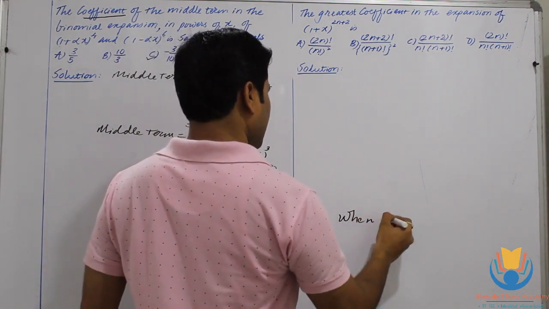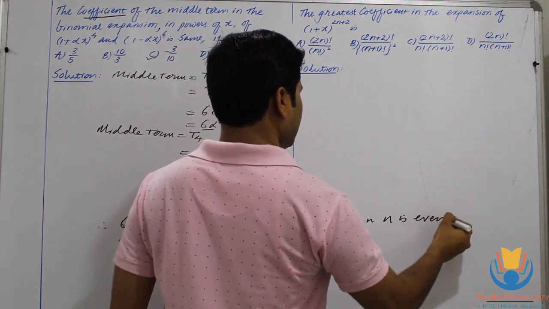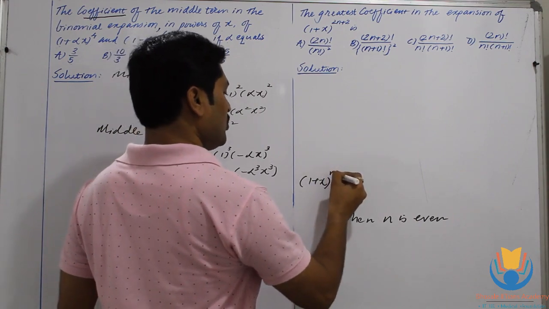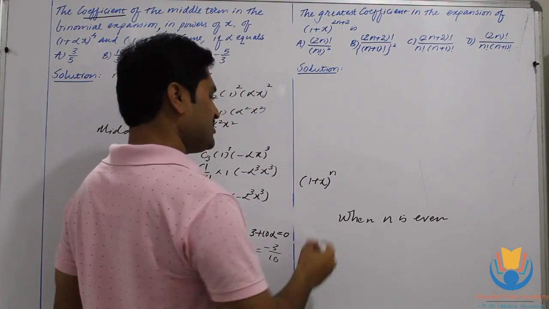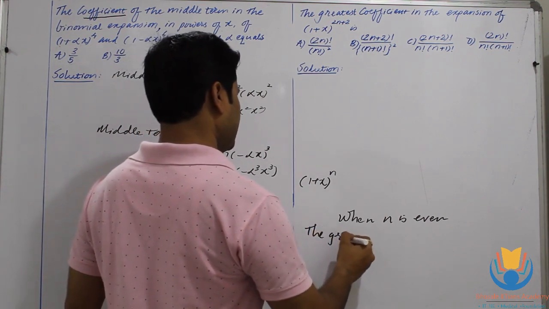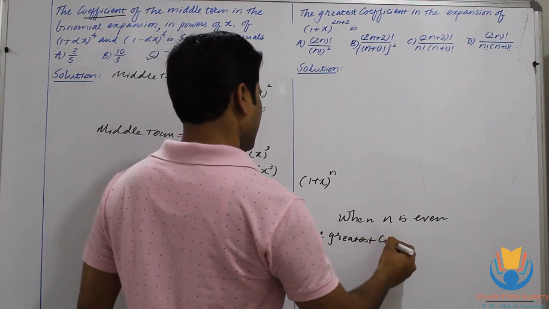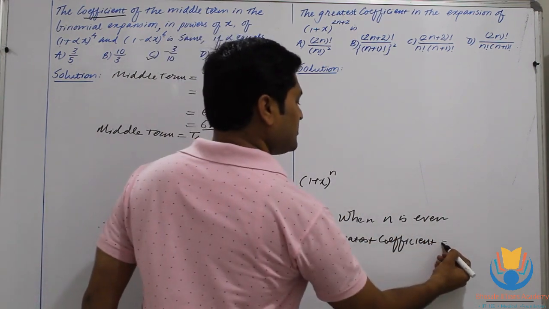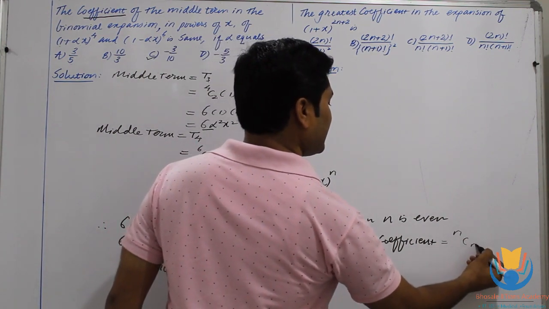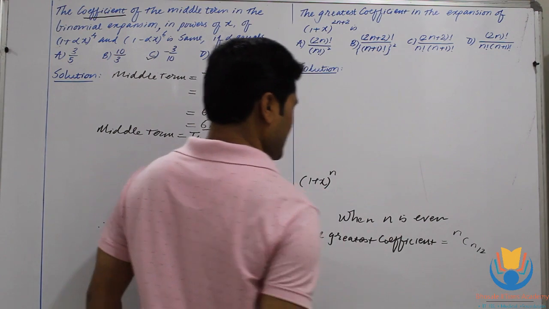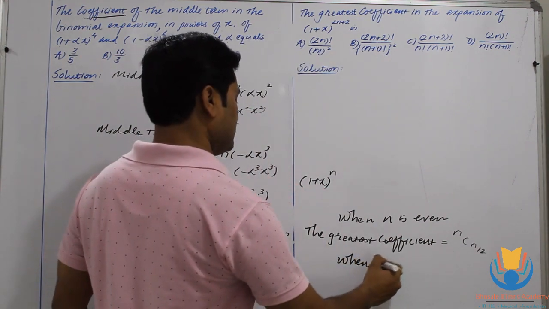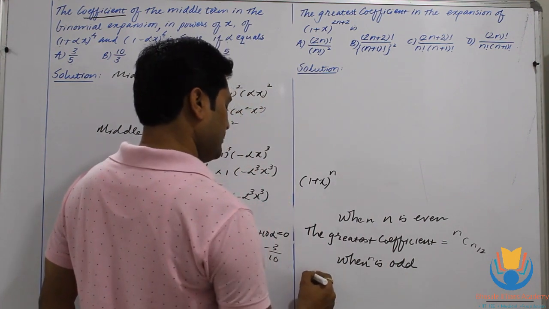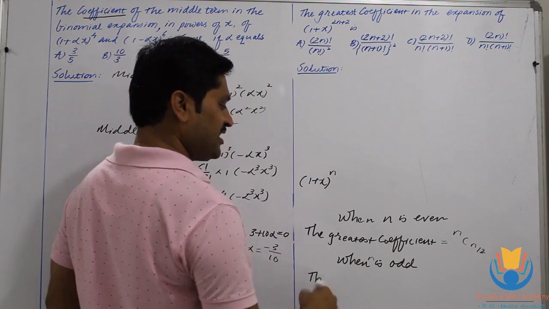When n is even, then the greatest coefficient in the expansion of (1 plus x) whole raised to n is equal to nC(n upon 2), and when n is an odd number, then there will be two greatest coefficients which will be equal to each other.